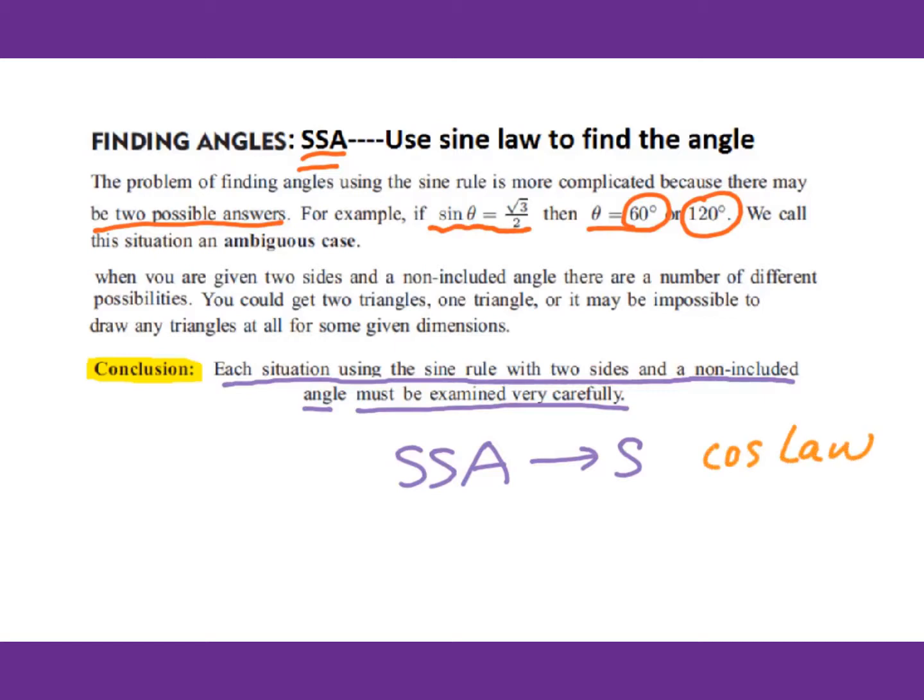And also be careful for this S, we have three situations. And when we have SSA pattern to figure out the angle, we got to use sine law. And for this angle, there are three situations too.